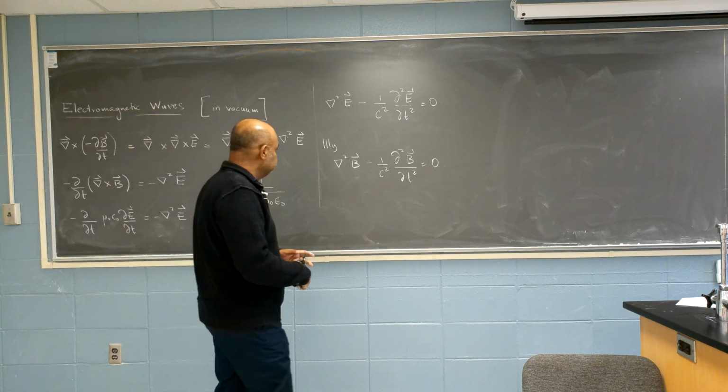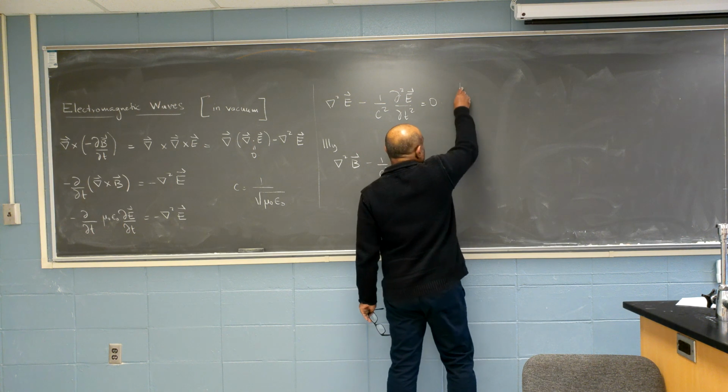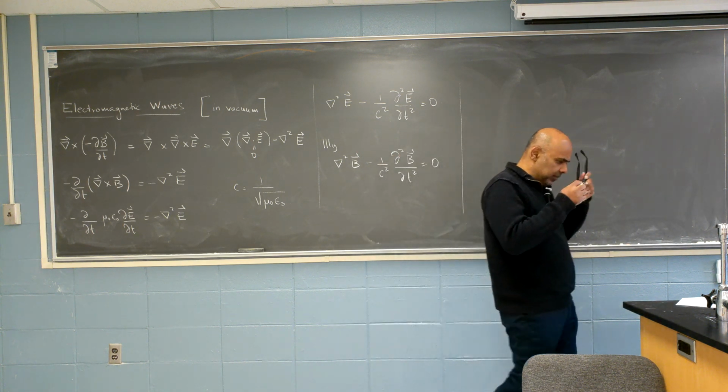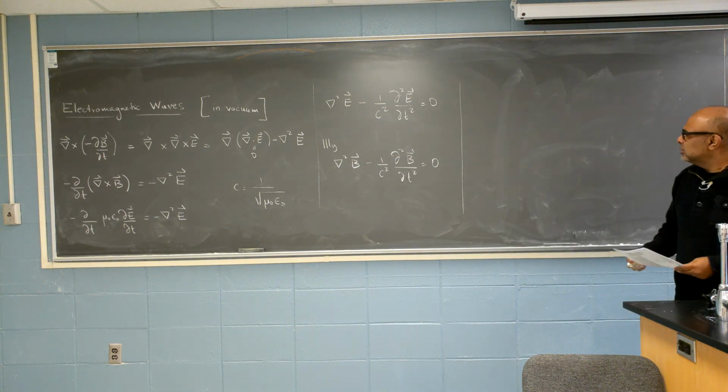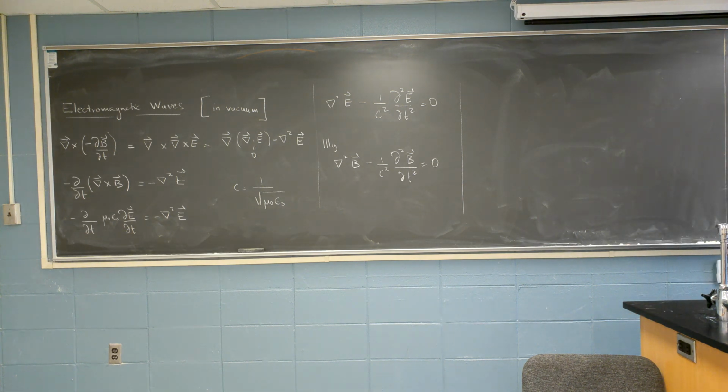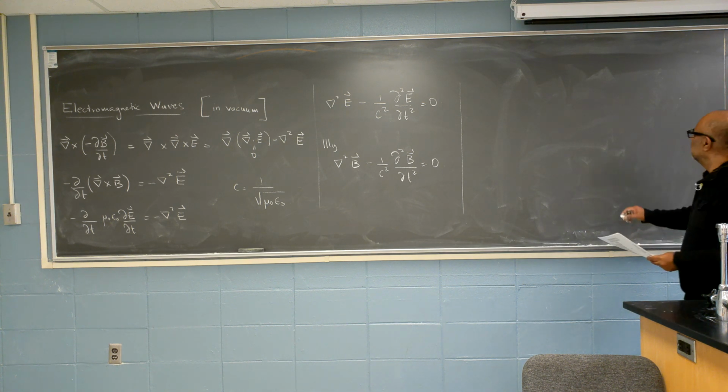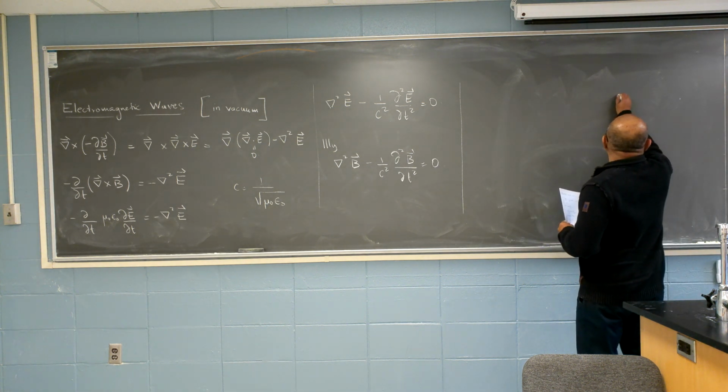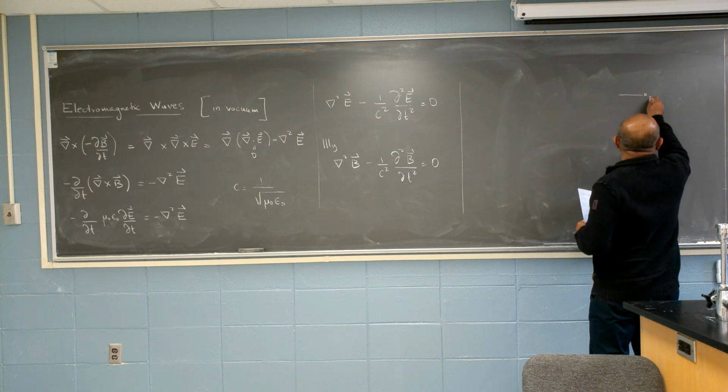So, for example, what will an electric and magnetic wave look like? Let's consider a wave that we want to propagate in the z direction.